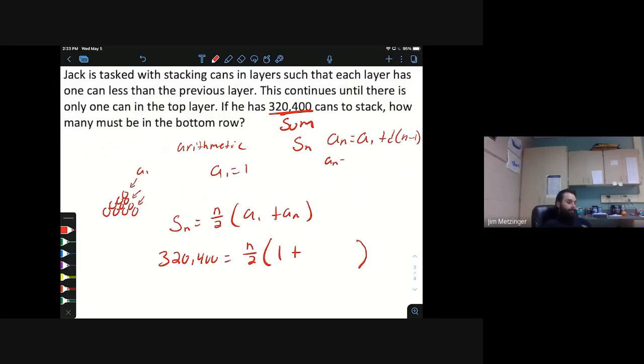Well, a_1 is 1, and d, we add 1 every time. So I plug in for a_1 and d, and we're going to get something to plug in for a_n. Hold on. No, that just comes out to be n, doesn't it? Sweet.